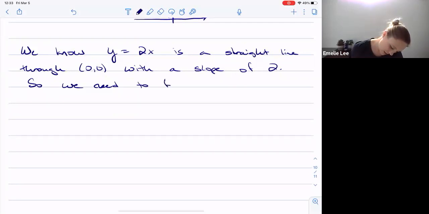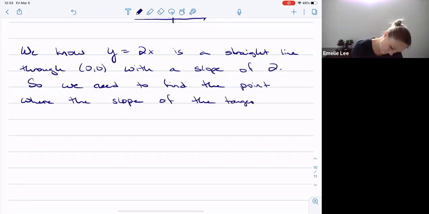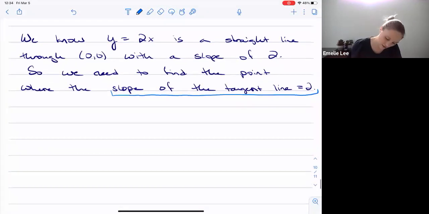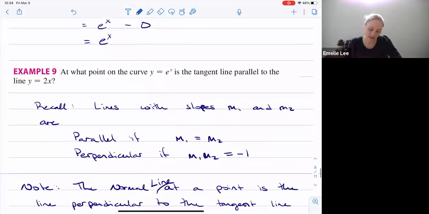So we need to find the point where the slope of the tangent line is equal to 2. Well, that's the same as saying where the derivative is equal to 2, right? And so where y prime is equal to 2. Y from y equals e to the x, not y equals 2x.